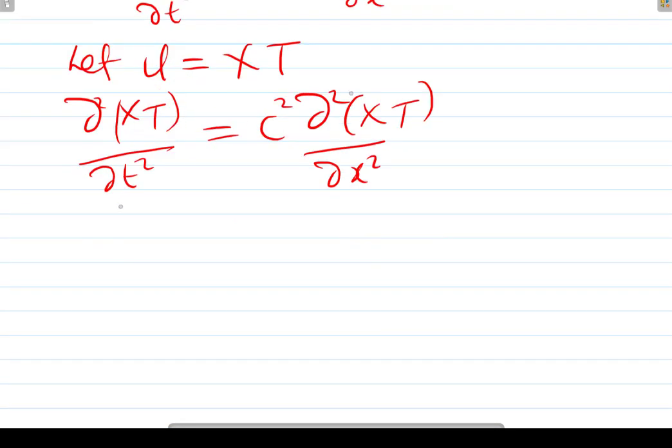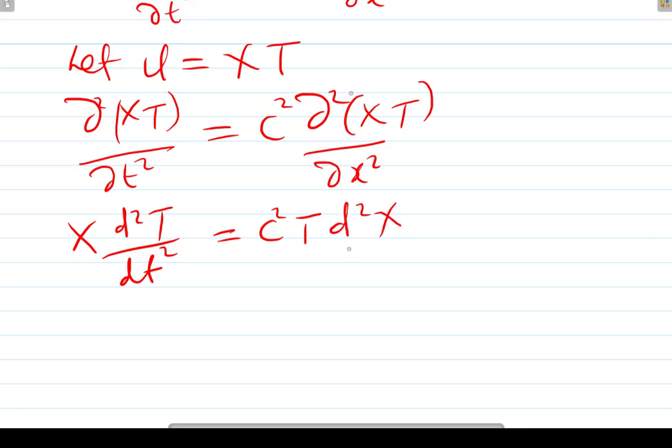Like before, this is with respect to t, so I will remove x, and this becomes T'' equals, again, c² and what comes out, T X''. So it comes out to this.